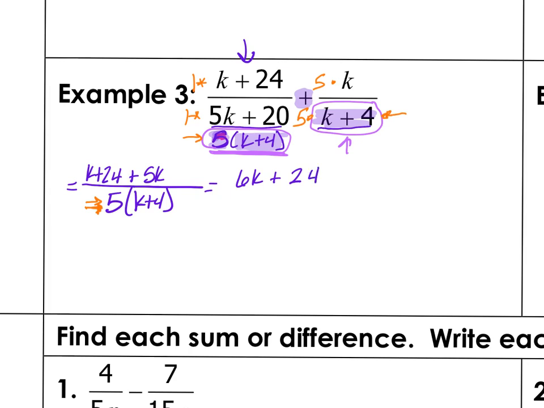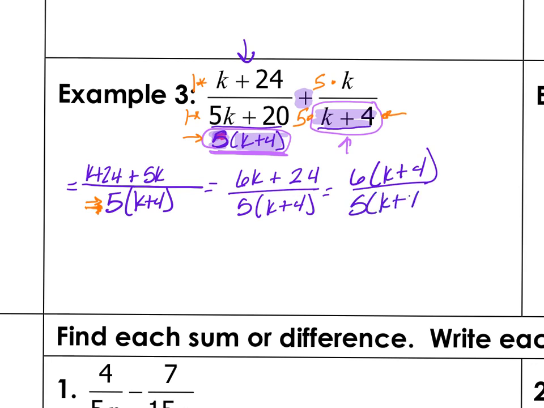Plus 24 all over 5 times k plus 4. And now I'm going to factor the top if I can. What goes into 6 and 24? Well, 6 does. And that becomes k plus 4 over 5 times k plus 4. And the k plus 4's go away. And I get 6 over 5.